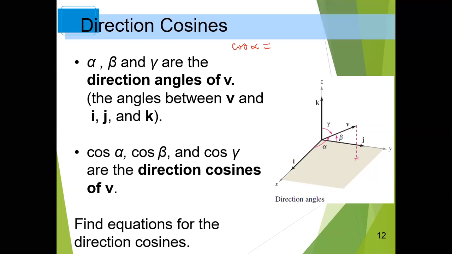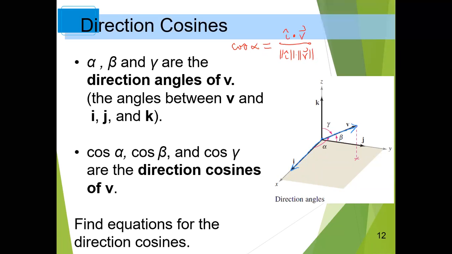Well, I can concentrate on these two vectors right here, i and v, okay? And alpha is the angle between those two vectors, yes? So I can say, look, cosine of alpha is equal to i dotted with v over the length of i times the length of v, right?